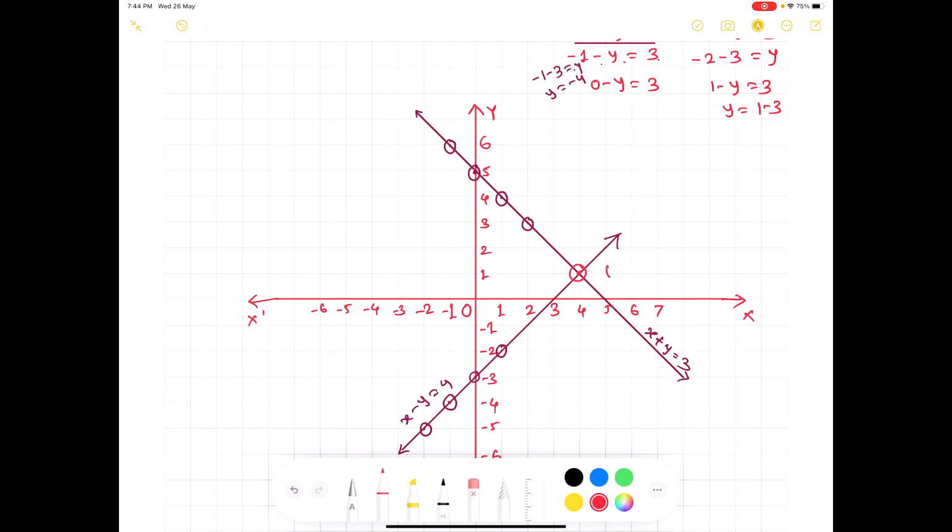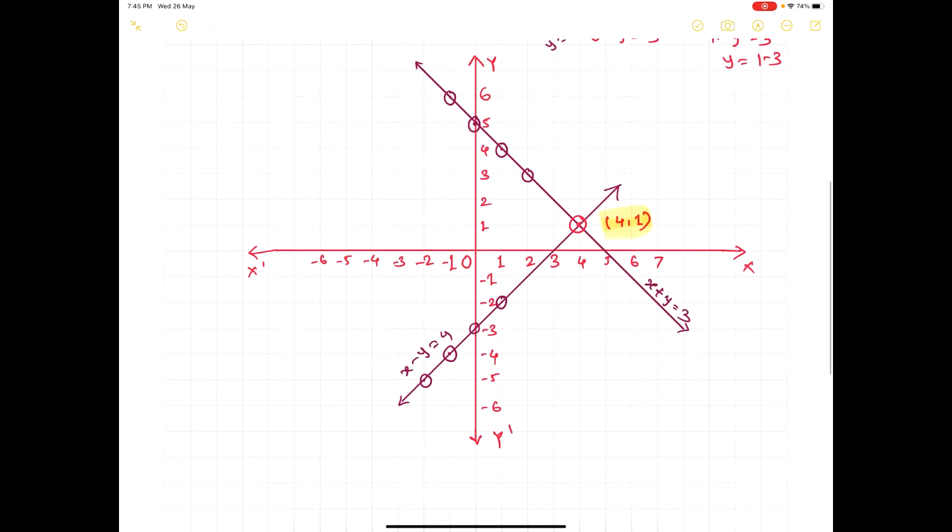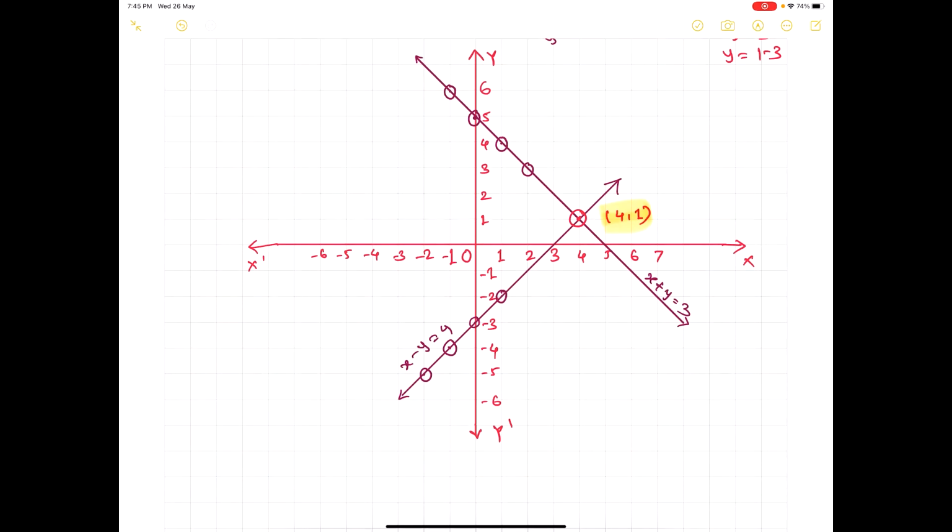Write down the coordinates (4, 1). That point of intersection is nothing but the solution of the two graphs.